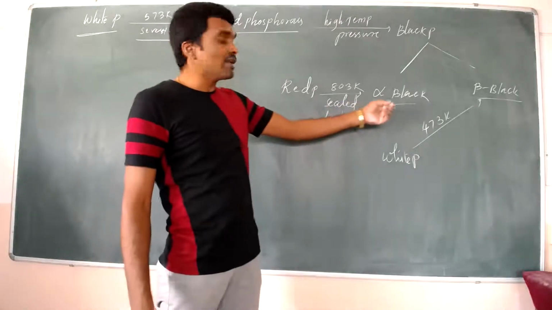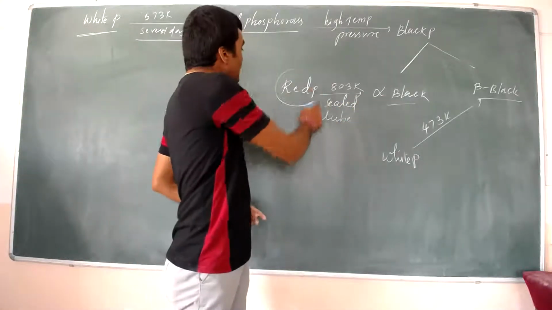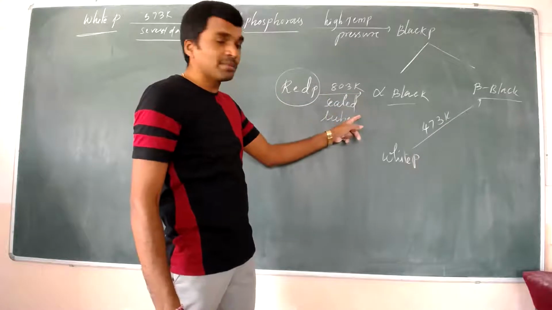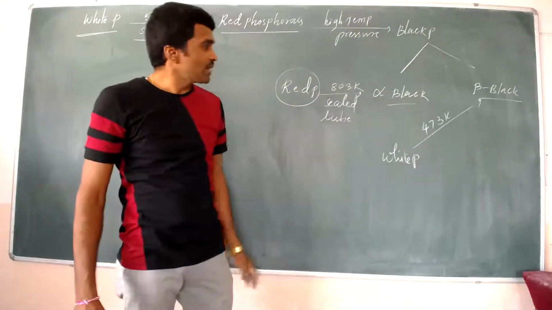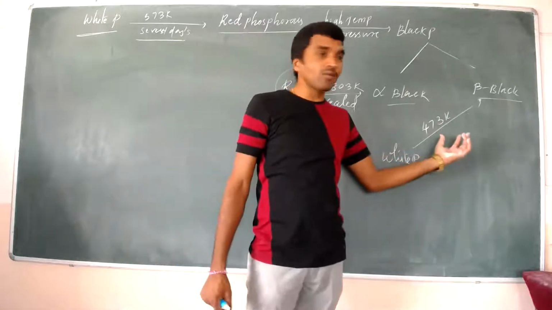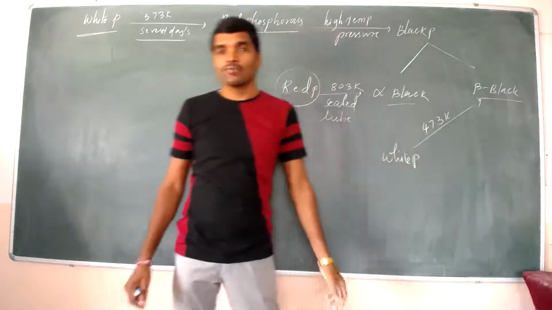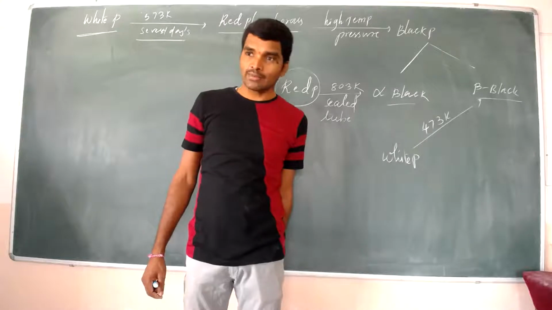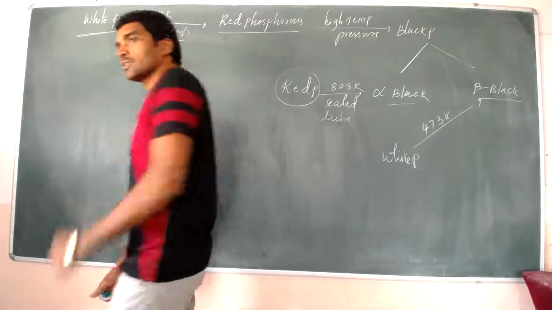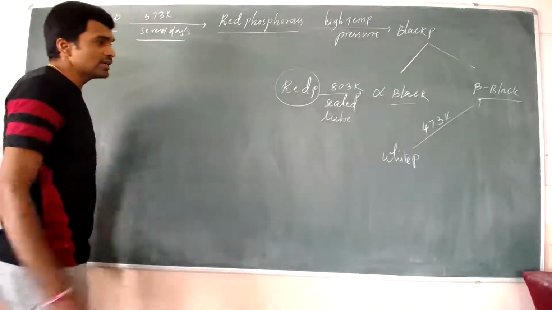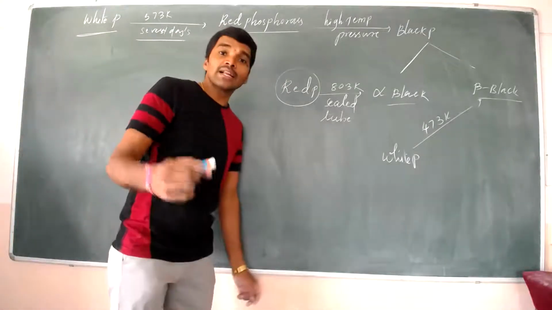Red phosphorus heated at 803 Kelvin in a sealed tube forms alpha black phosphorus, and white phosphorus heated at 473 Kelvin forms beta black phosphorus. You remember. Okay, right. Now we are going to discuss red phosphorus.